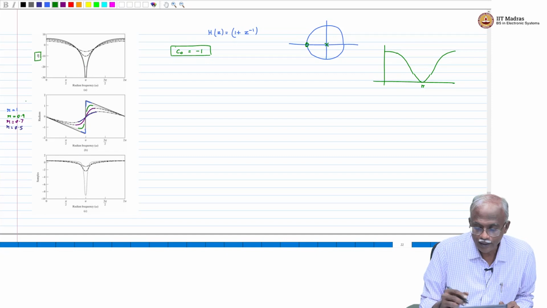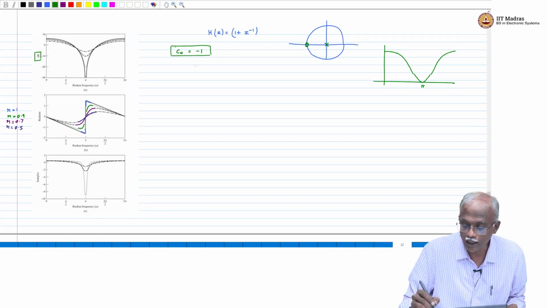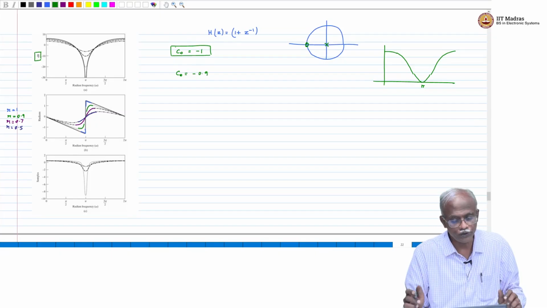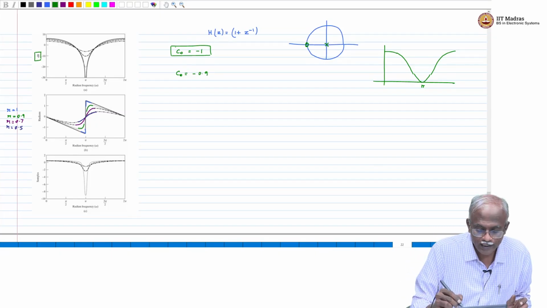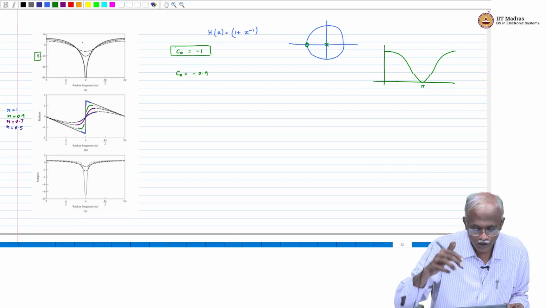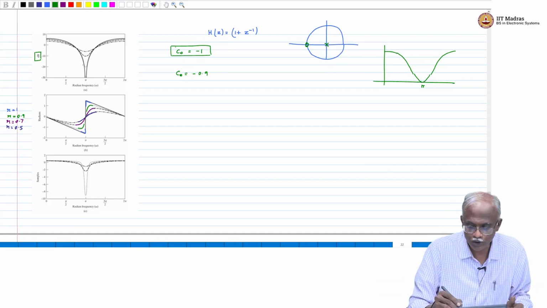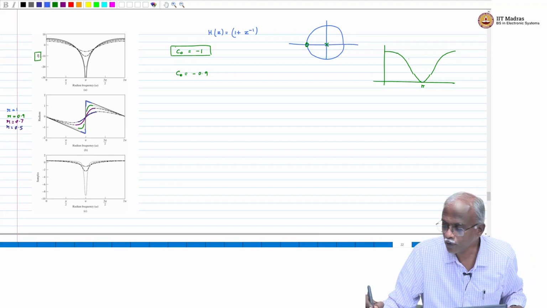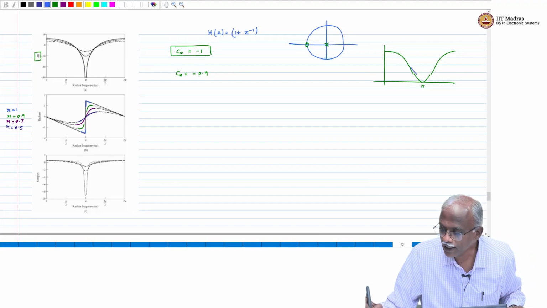On the other hand, if I change this C0 to be equal to -0.9, that means it's not on the unit circle but very close to it. Then the magnitude response does not go to -infinity but goes to some small value. So the second plot for 0.9 will look something like this.